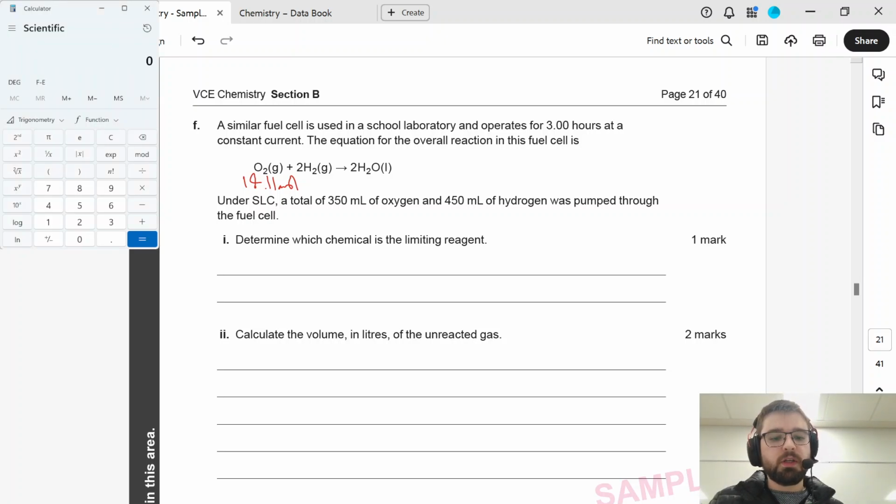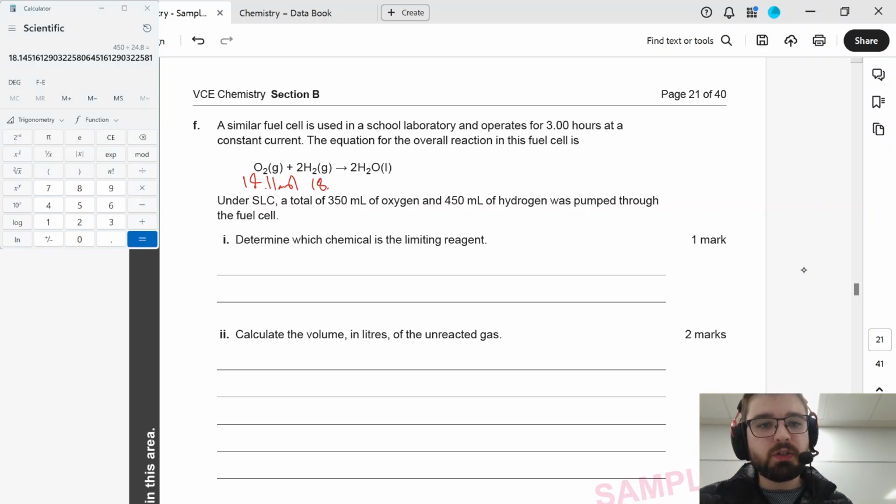And 450 divided by 24.8 gives us 18.14 moles of hydrogen.